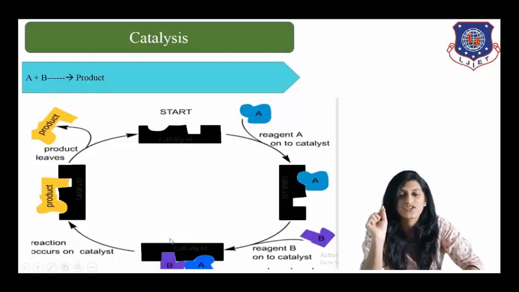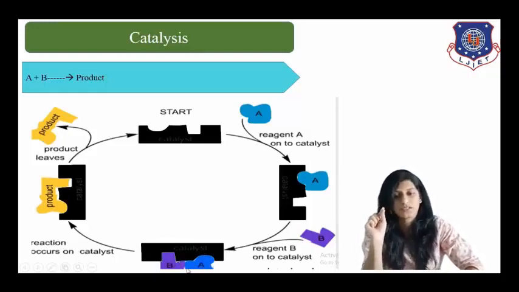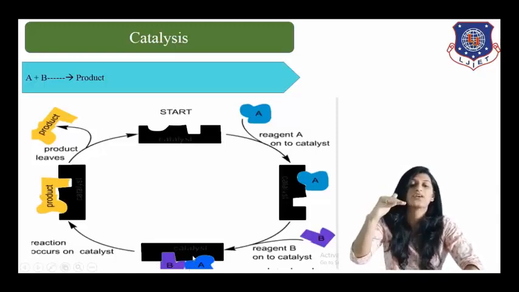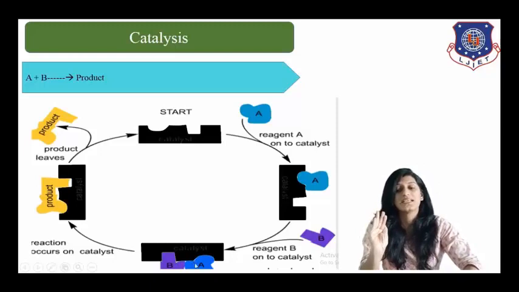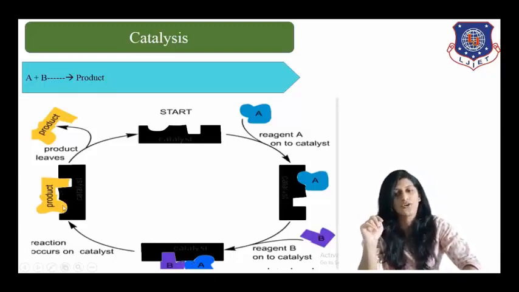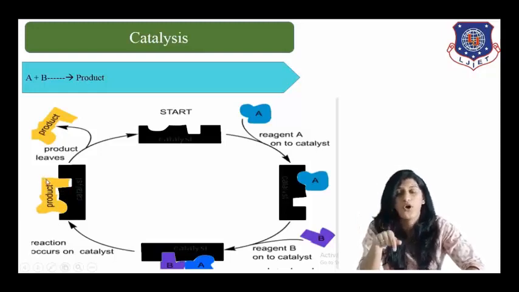Once they get adsorbed on the surface of the catalyst, they are now ready to react with each other because their activation energy is lowered. Now they can react with each other and form the desired product. You can see the product is also formed on the surface of the catalyst.